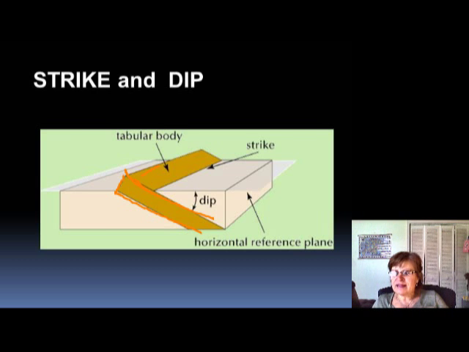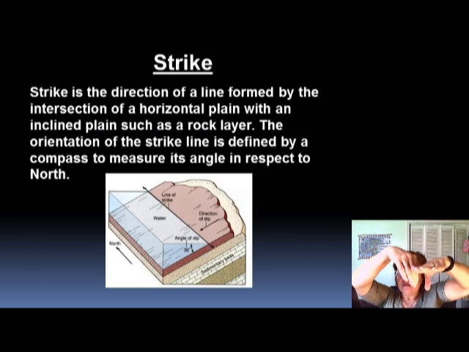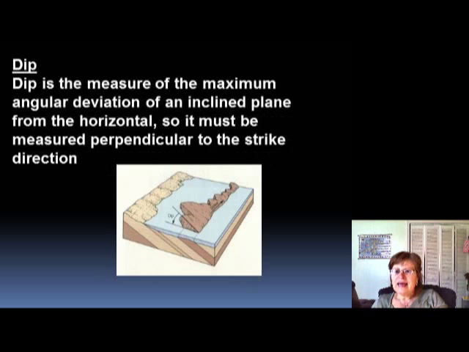Okay, so I think I have it right here. The strike is the direction of the line formed by the intersection of the horizontal plane, right here, with the tilted rock layer. And the orientation of the strike line is defined by a compass, that direction measured relative to the north. And the other line we're using is the so-called dip.